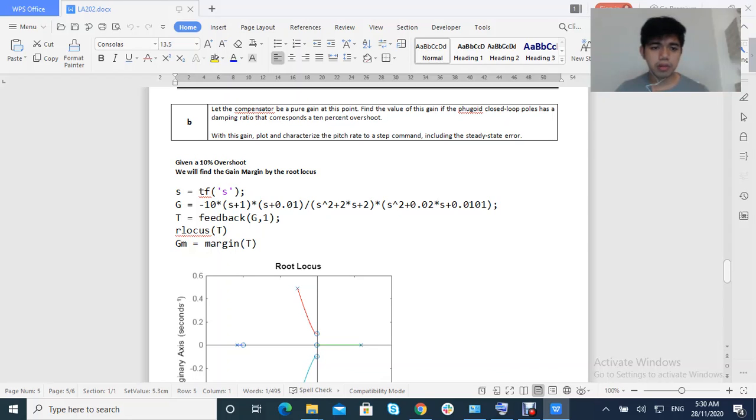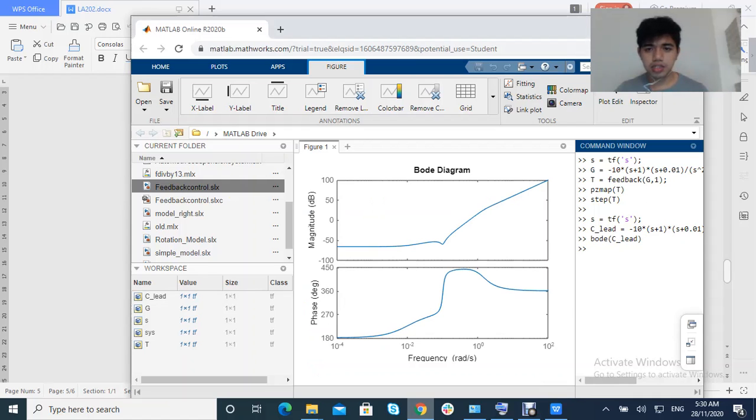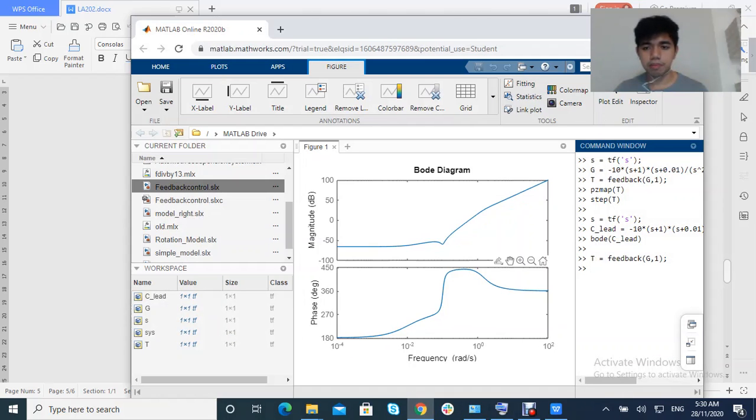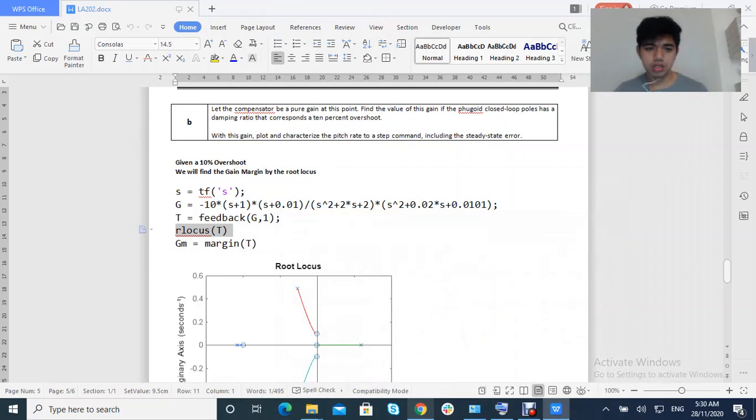Since we are still using the same function, I will just plug it in instantly here. It will overwrite all of the script functions, and it will show you the root locus. And for the margin, showing you the margin here.